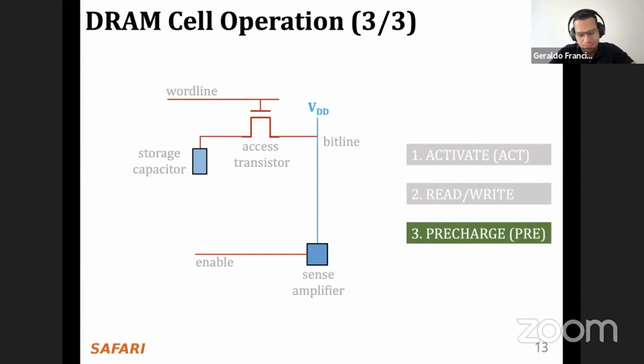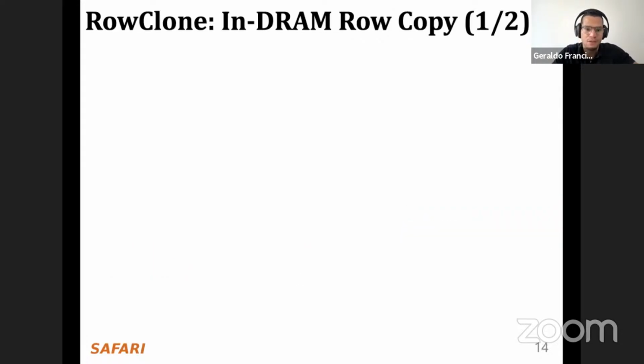But after the reads are done, and prior to issuing new operations to that same array, we need to issue a precharge command: first lower the word line and disconnect the sense amplifier, and then precharge the bit line back to its original state of half VDD, in order to prepare this array for a new operation to another DRAM row.